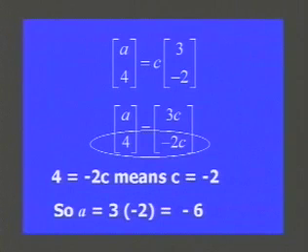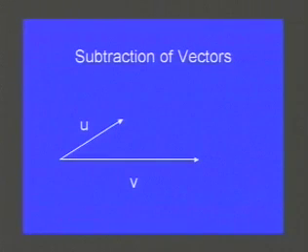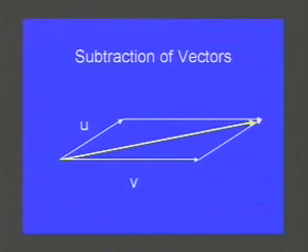All right, so not too bad, right? Next, subtraction of vectors. We talked about addition of vectors. Specifically, we said to add u and v, we would need to draw a parallelogram and have u plus v be the long diagonal of that parallelogram, the diagonal that starts at the intersection of u and v.